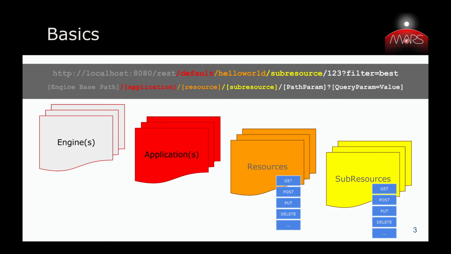As you can see on the slide, different parts of the URL the client is calling are demanded to different parts of this architecture. The first prefix is tied to the engine, then there's the application name, then the resource name and the sub-resource name, and there can be parameters both on the path and also on the query string.